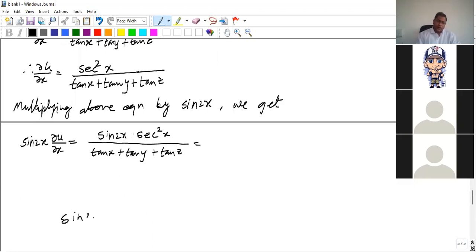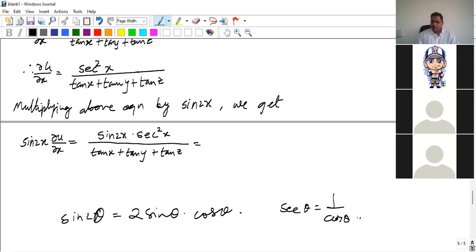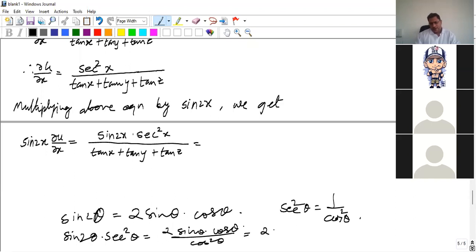What we know is sine of 2 theta is 2 sine theta cos theta, and sec theta is 1 upon cos theta. Now we have to multiply these two, so sec square theta is 1 upon cos square theta. So sine 2 theta into sec square theta is 2 sine theta cos theta upon cos square theta. Can we write this as 2 sine theta upon cos theta, and that is nothing but 2 tan theta?